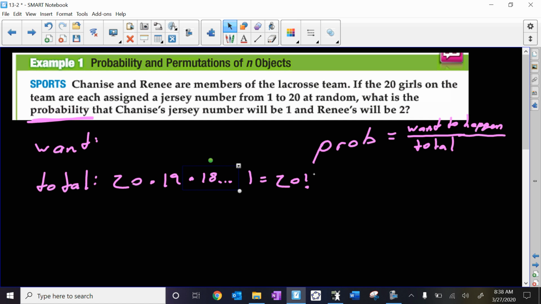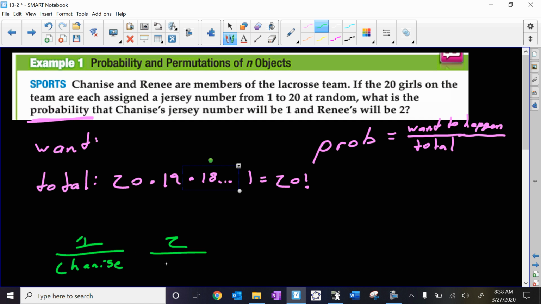For what I want to happen, this is where it gets a little bit harder to understand. Janice wants jersey number 1, and jersey number 2 is taken by Renee. That means those are locked in.